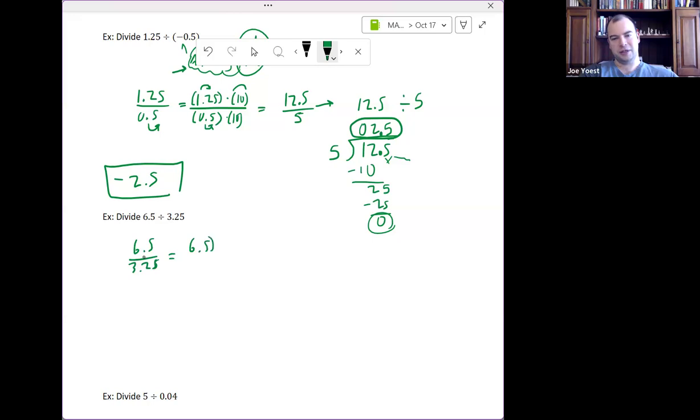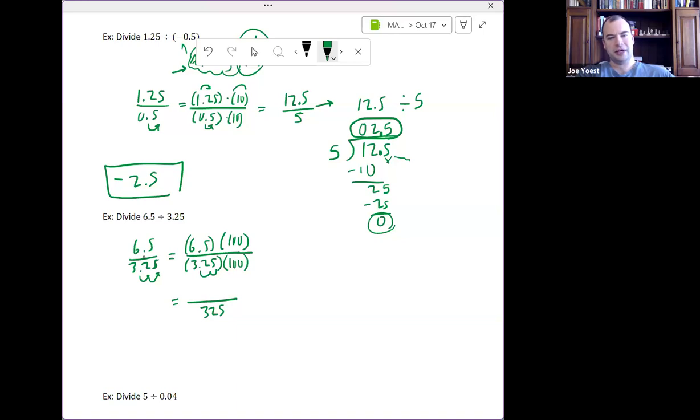So again, I want to convert this to an equivalent fraction where my denominator is a whole number. I need to move my decimal point in the denominator 2 places to the right to make a whole number. So I need to multiply by 2 powers of 10, or that is 100, shifting 2 place values. To make an equivalent fraction, the numerator also needs to multiply by 100. And the denominator, 3.25 times 100 becomes 325.